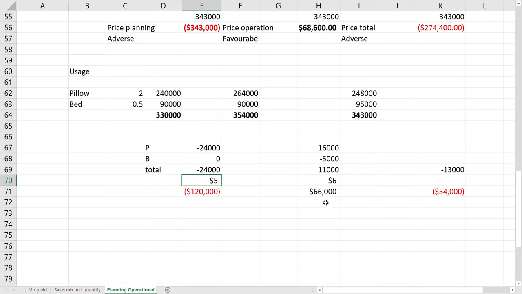So that's why we are using just one price. Now if I multiply this by 5, it should give me the same thing, which is 65,000. 120,000 minus 55,000 gives you 65,000.